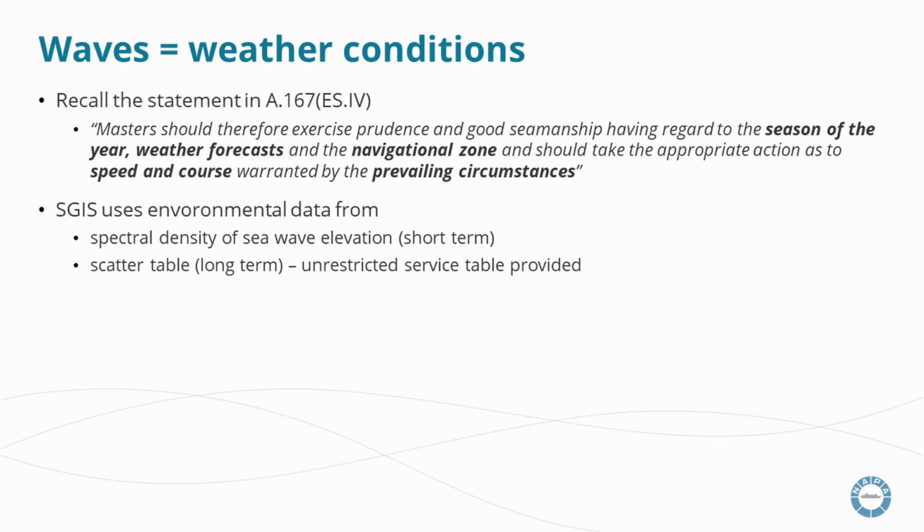It mentions masters should therefore exercise prudence and good seamanship having regard to the season of the year, weather forecasts, navigational zone, and take appropriate action as to speed and course warranted by the prevailing circumstances. For waves in the calculation of the second generation intact stability, we therefore use spectral density or wave elevation for the short term and wave scatter table for the long term.